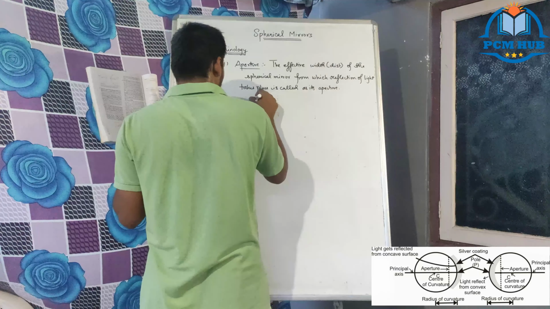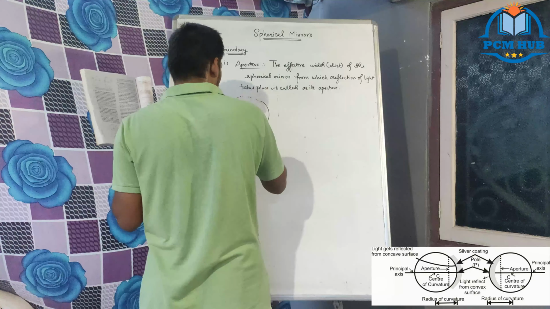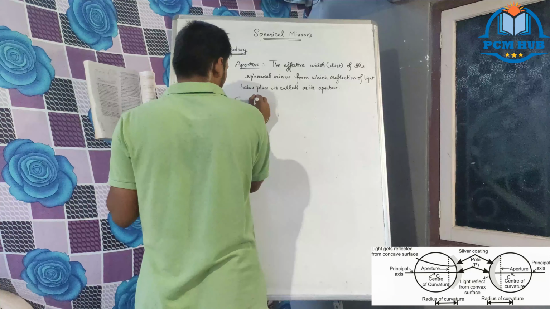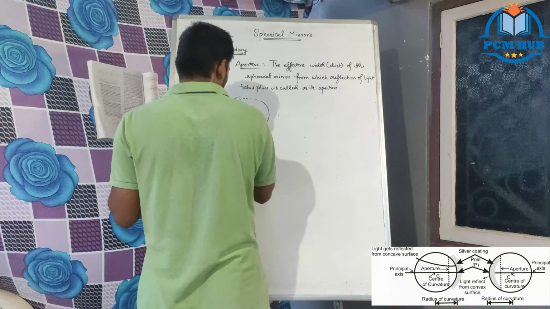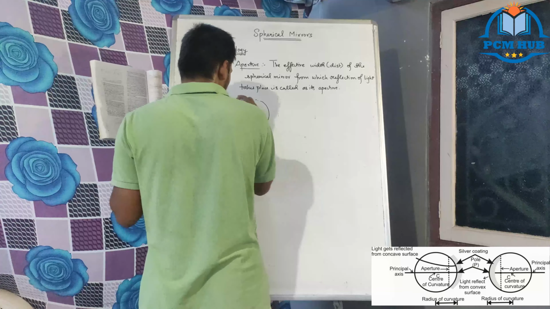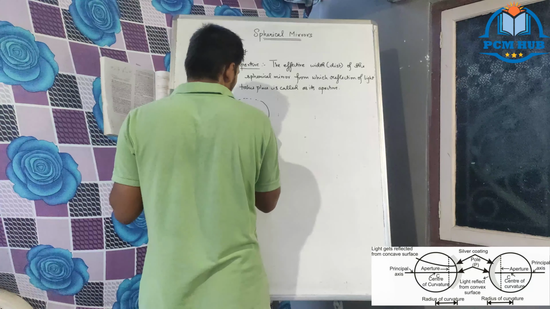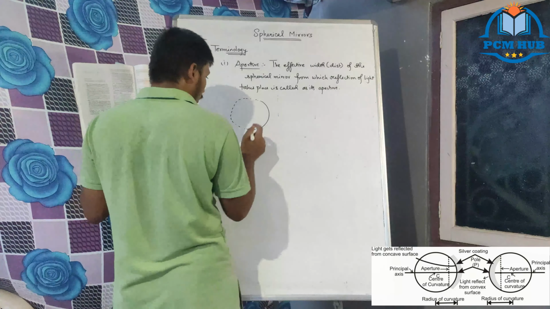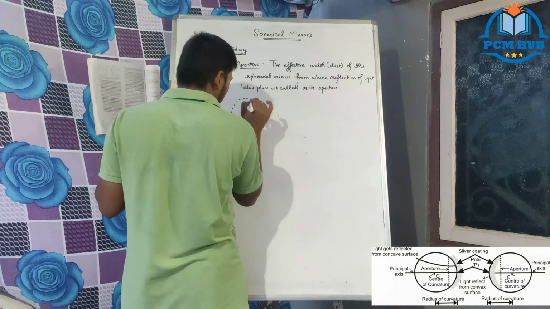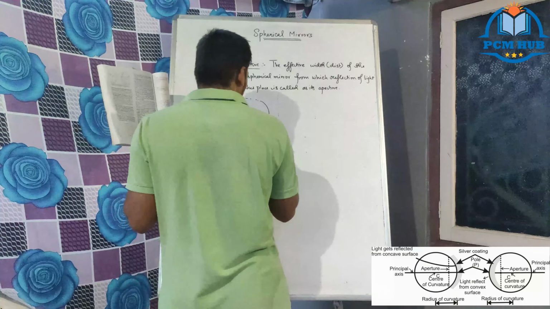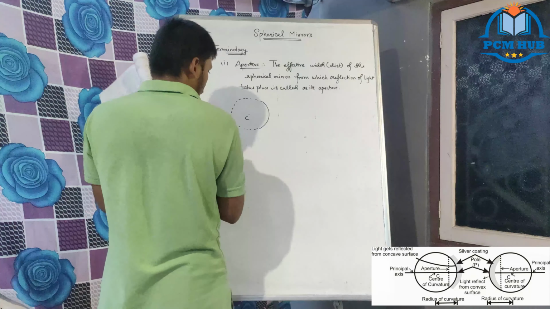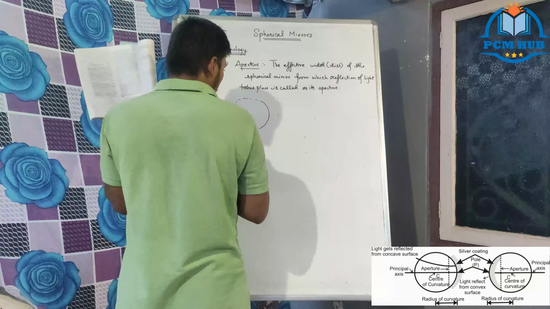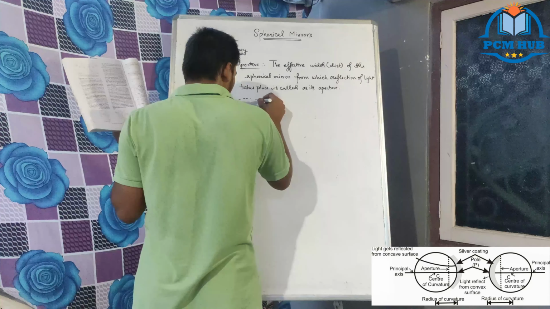Now let us assume that this is a sphere. This is a spherical mirror and this part is being cut down. So where will the center be? Here the center will be. And what will be the aperture? The aperture will be this area.